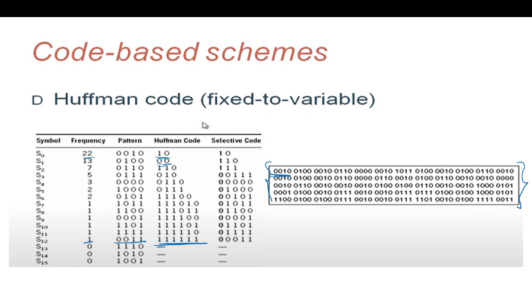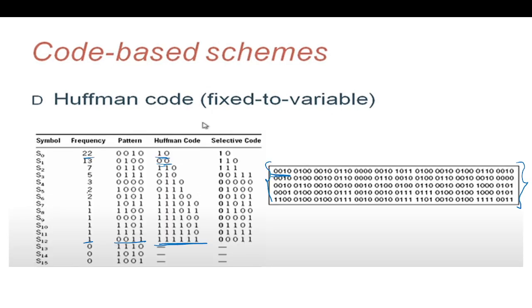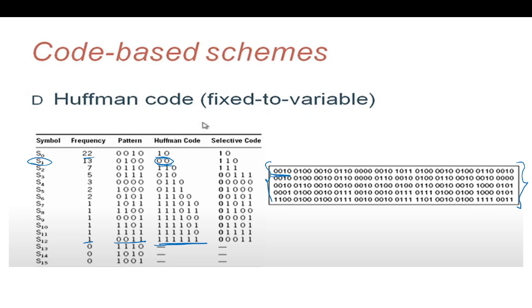So the number of bits the code has is varying, so we call it fixed to variable. We have a tree, so that if we have pattern S1, 0 0 represents pattern S1, and similarly S0 is 1 0. And if you want to come here, we have to traverse the complete tree. So this was fixed to variable using Huffman.